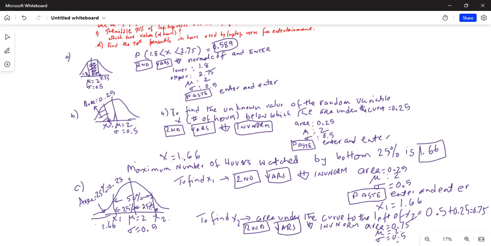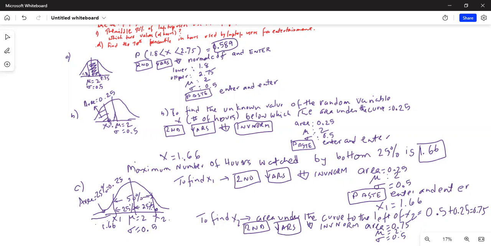So second verse, inv norm, area is now 0.75, mean and standard deviation do not change, paste, enter and enter, and x2 value.